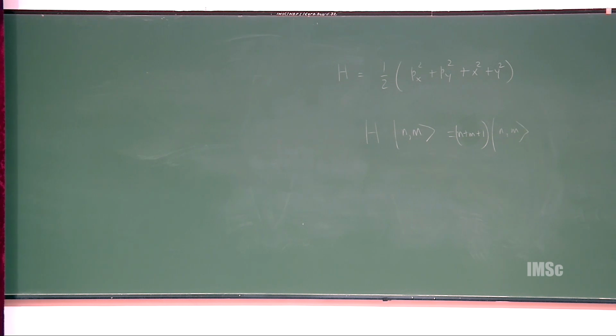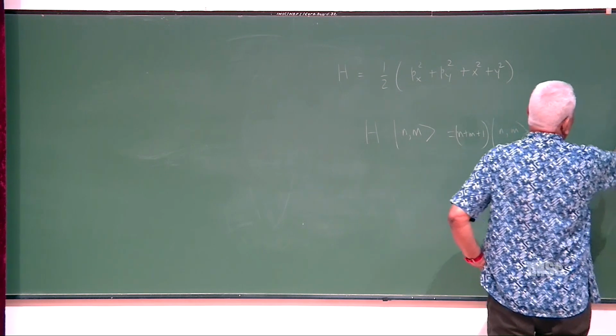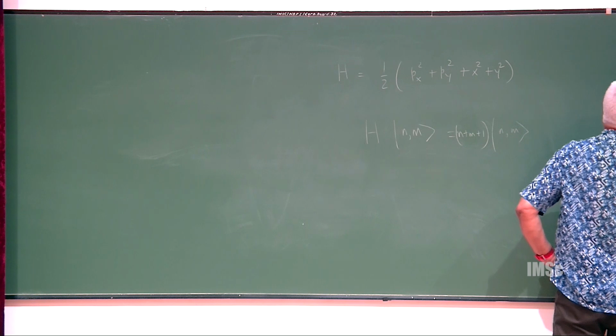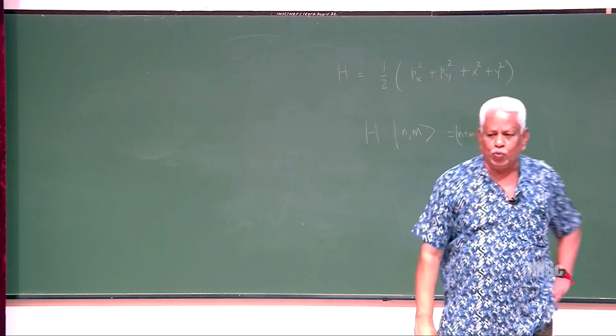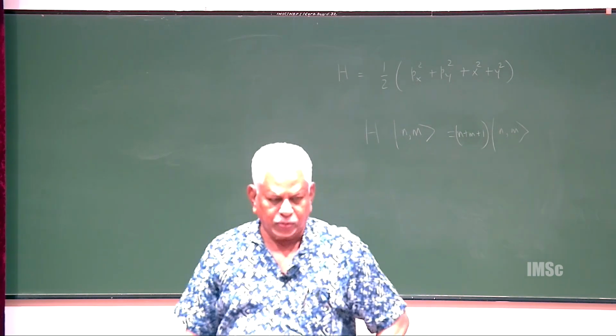How will you label it? n is equal to 0, m is equal to 0. So you have the state 0, 0, and the value is 1, energy of 1 unit of h bar omega.